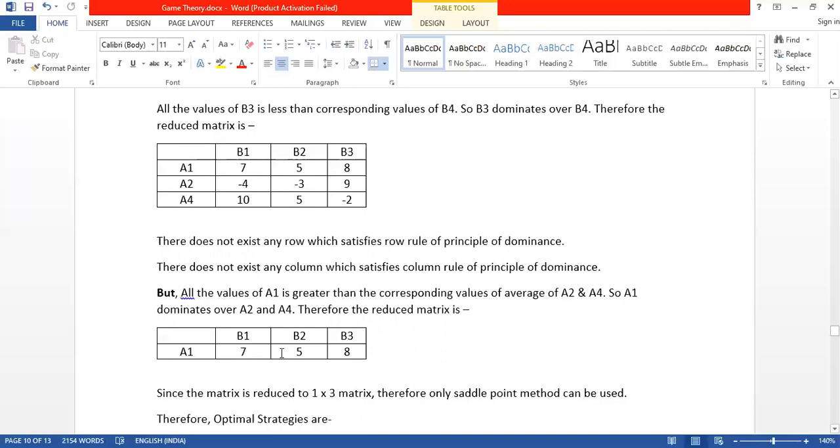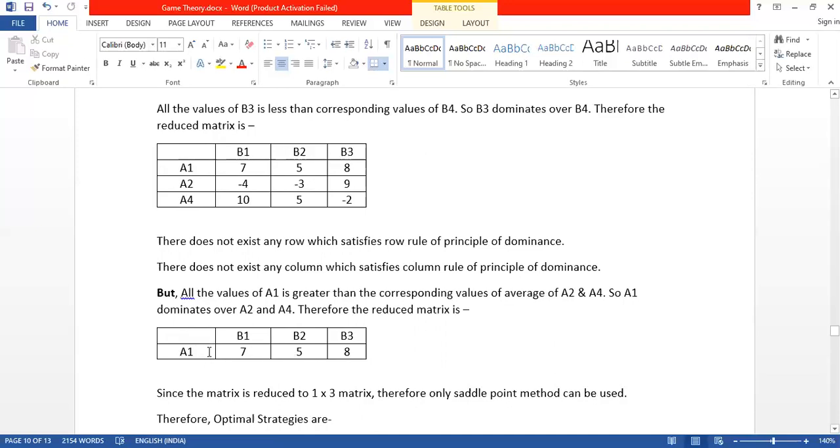So it's only A1. Now see, we have reduced the problem to a 1 cross 3 matrix because firm A has only one strategy now. So for this, you cannot apply your odd method. Odd method can be applied to a 2 cross 2 matrix. So whenever this kind of form comes, you will be using the saddle point method.